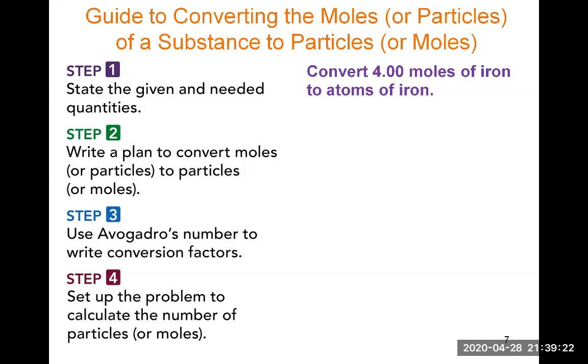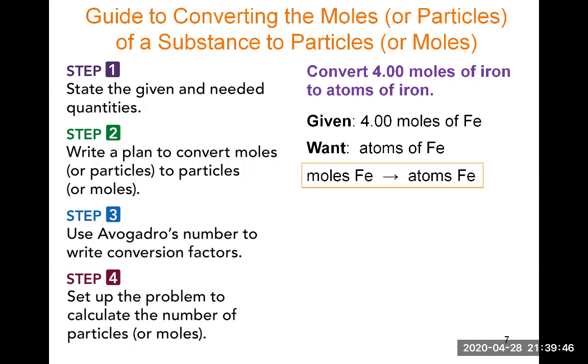So the given amount here is 4.00 moles of iron, and iron has the symbol Fe. What do we want? We want to know how many atoms of iron that corresponds to. So if we draw the plan or write a roadmap, it will look like this.